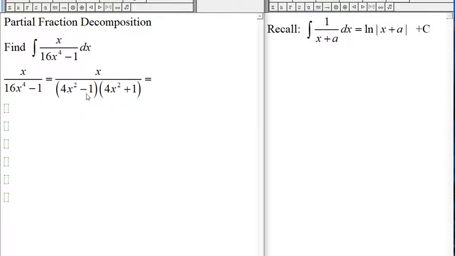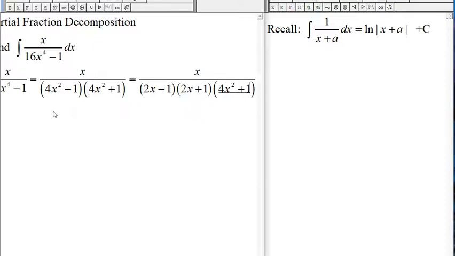But 4x squared minus 1 is also the difference of two squares, so we need to factor again. 4x squared minus 1 is 2x minus 1, and then 2x plus 1, and then we have the 4x squared plus 1. And so this is what we end up with.